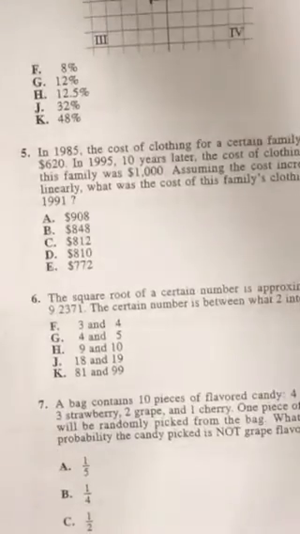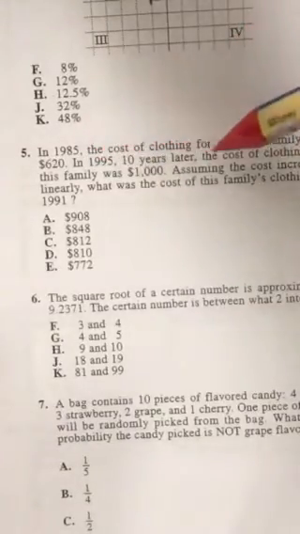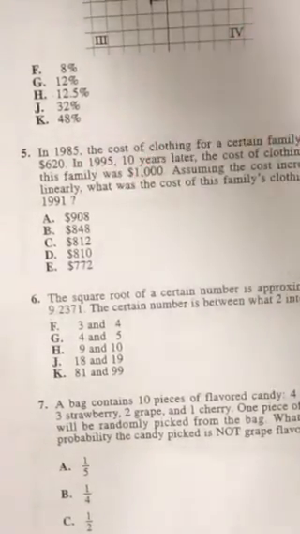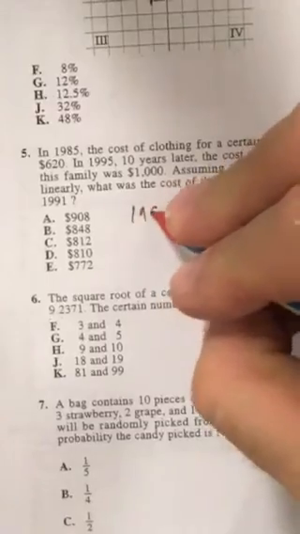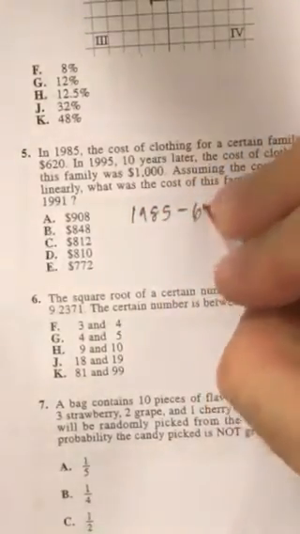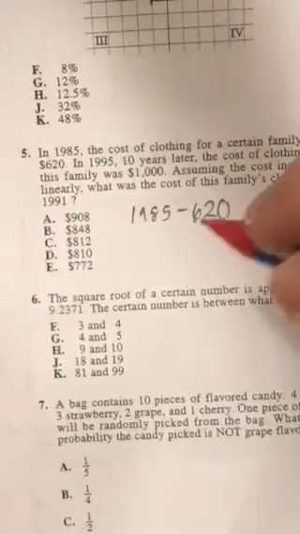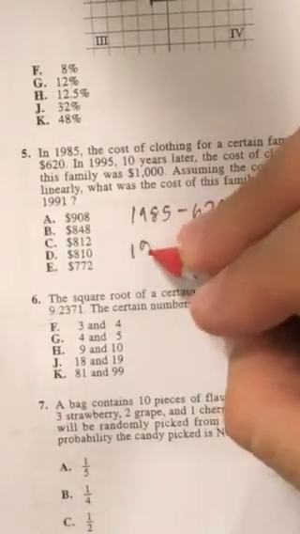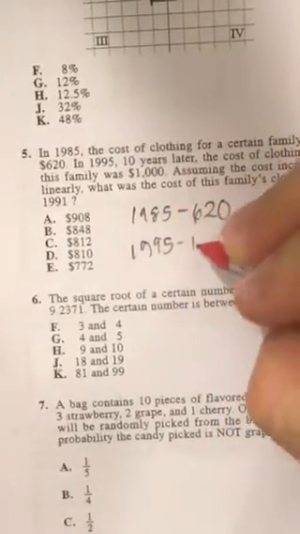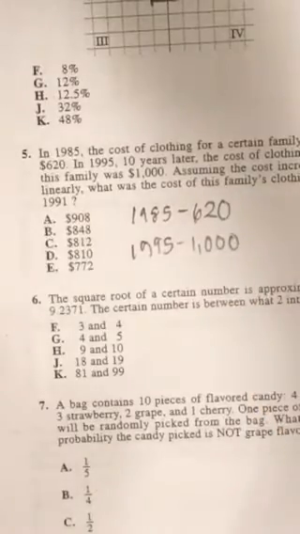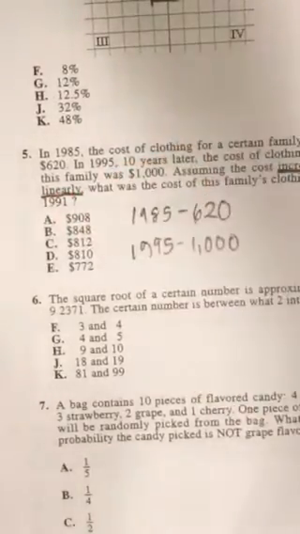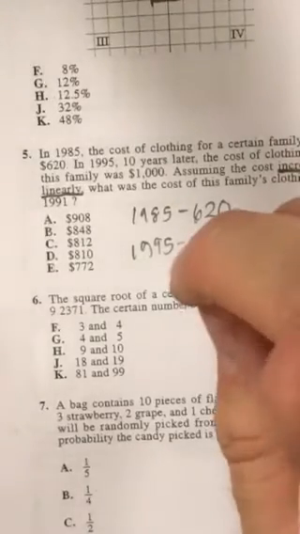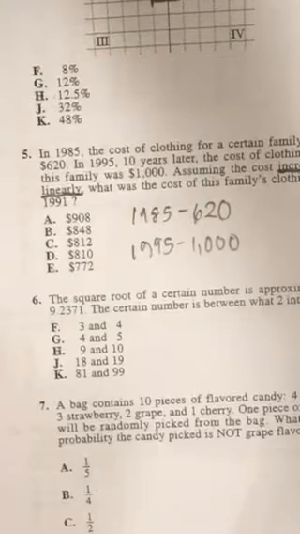All right, number 5. In 1985, the cost of clothing for a certain family was $620. In 10 years, 1995, the same clothes were $1,000. They said that they increased linearly. So they increased by the same amount each year.